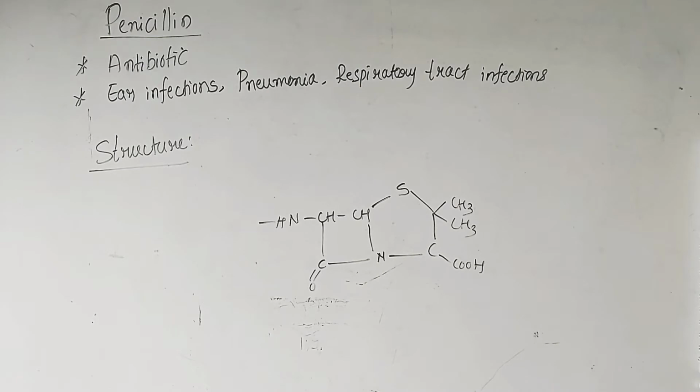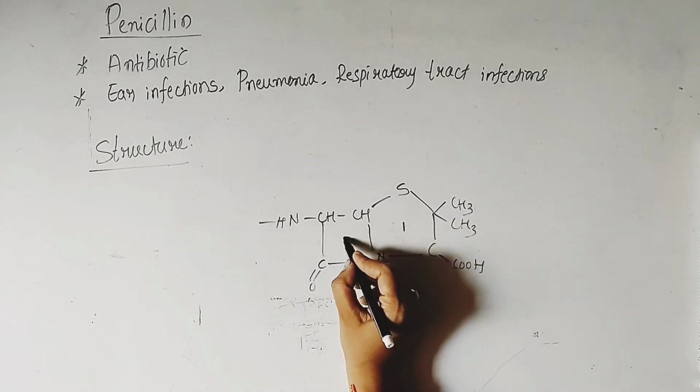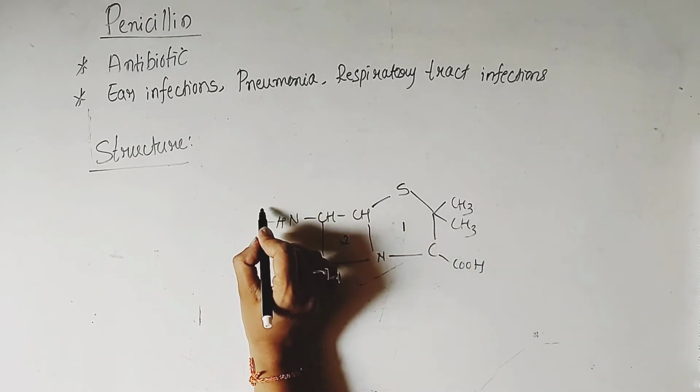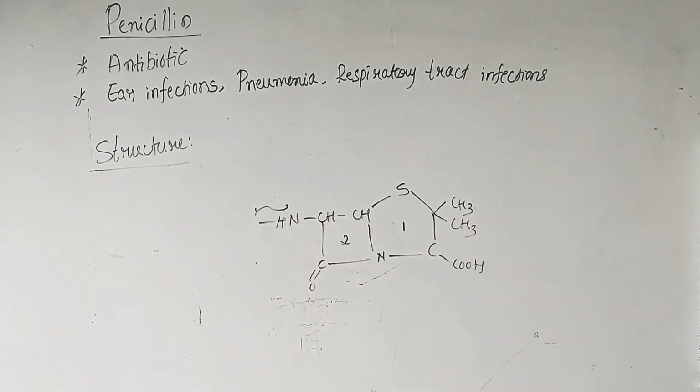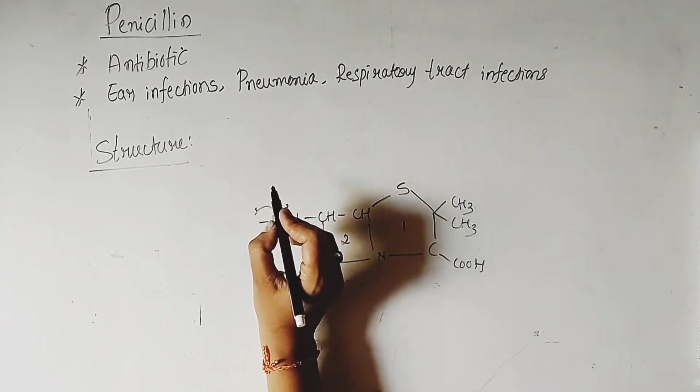So it mainly contains two rings, called ring 1 and ring 2, as well as a side chain.